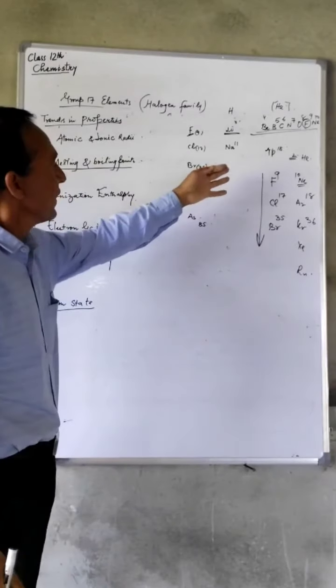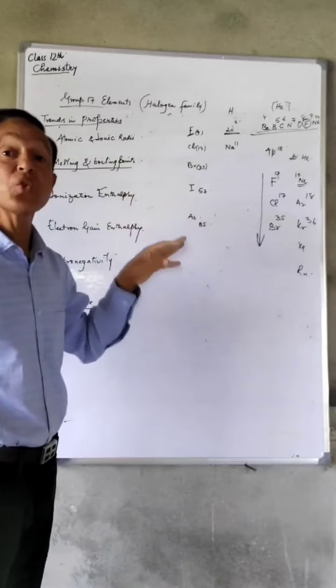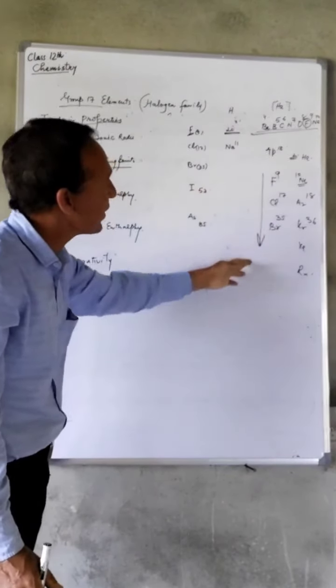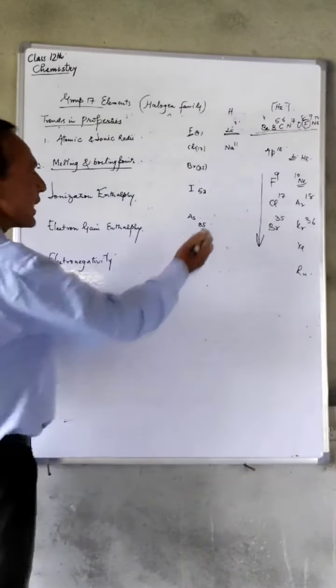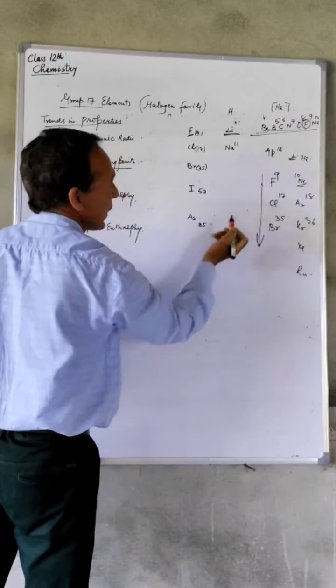That is, they have a large negative electron gain enthalpy, which decreases down the group. But there is one exception: fluorine has lesser electron gain enthalpy than chlorine.